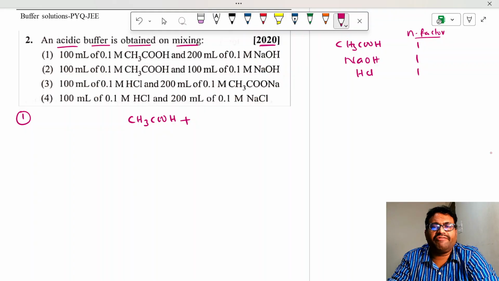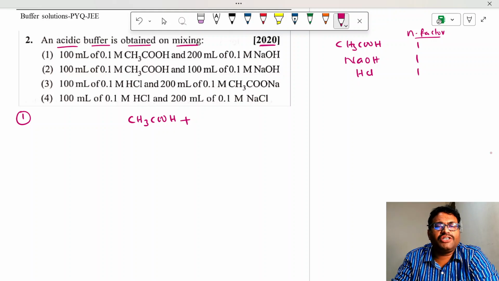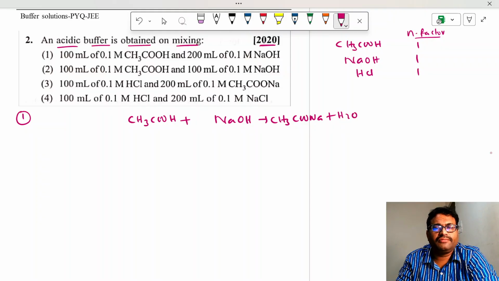So for all these, the n factor is equal to 1, so you can consider molarity equal to normality. So CH3COOH is reacting with NaOH to give CH3COONa plus H2O. Right?